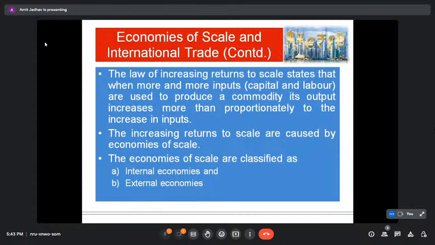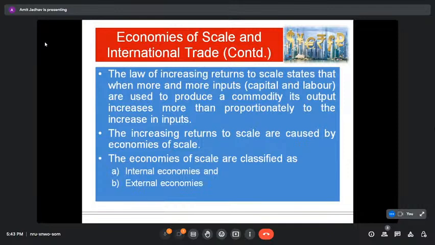The law of increasing returns to scale states that when more and more inputs, it may be capital and labor, are used to produce a commodity, its output increases more than proportionally to the increase in the input. So when we are increasing the quantity of the input, the output also increases by quite more than the increase in the input.